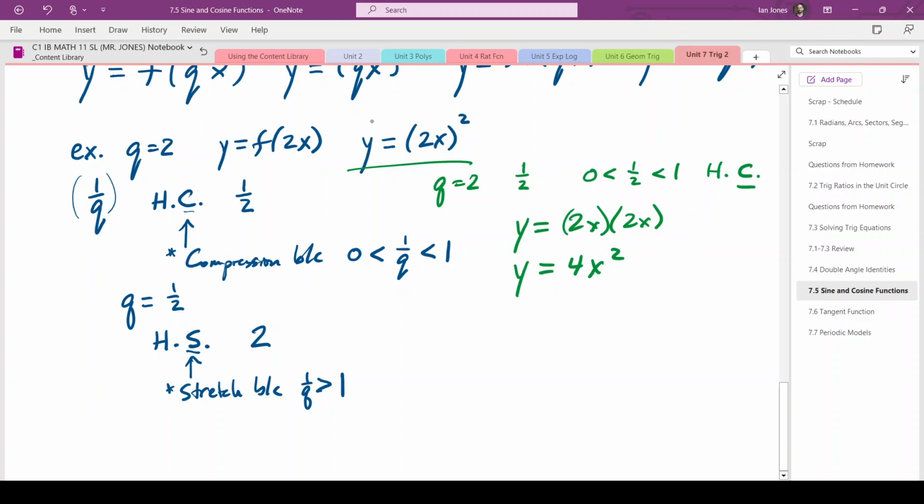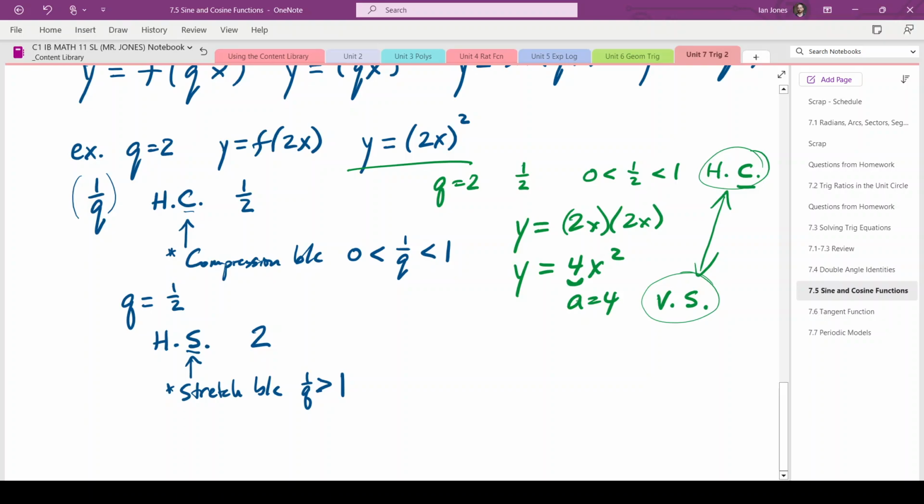Okay, now I've transformed the way it's looking so that I could see this as instead an a of 4. What does an a of 4 do? Well, it's a vertical stretch. Okay? So depending how you write it, you could see this as a q of 2, which gives a horizontal compression, or an a of 4, which gives a vertical stretch. These two things are identical. Okay?